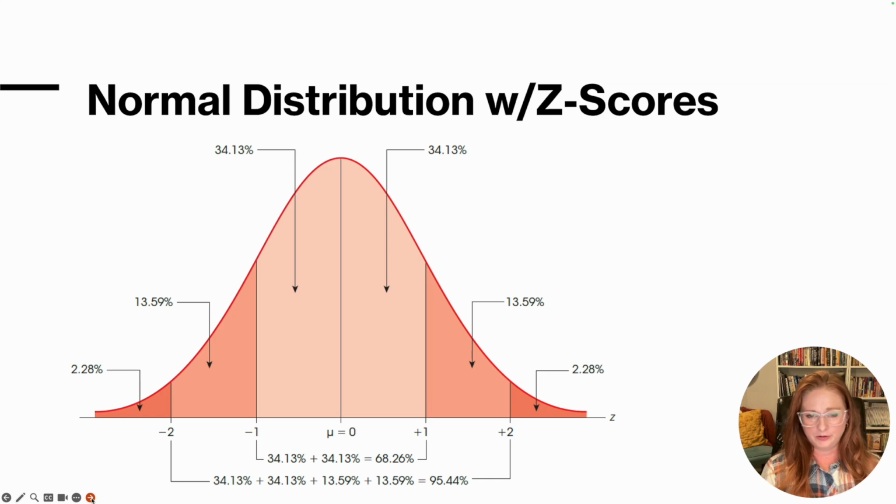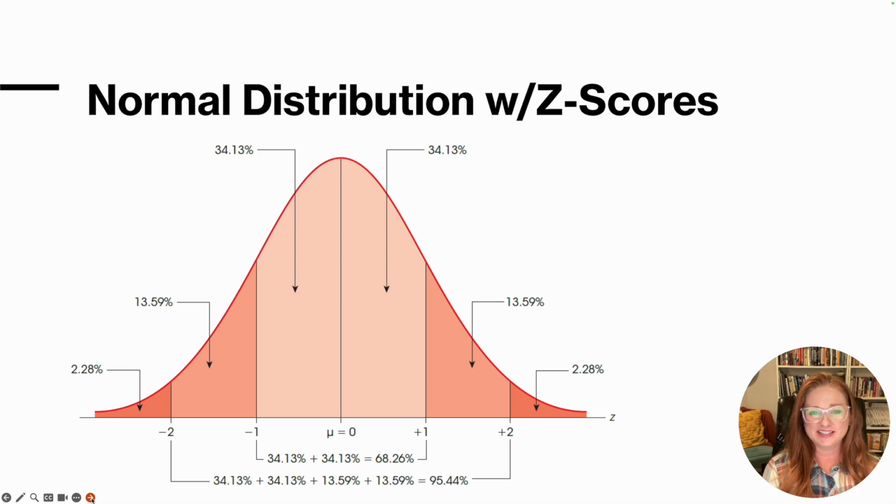Also, 34.13% of humans have an IQ score of 100 to 115. You can add them together too. If you add them together, 68.26% of us, of all the humans in the world right now, have an IQ score falling somewhere between 85 and 115. Isn't that wild? That's most of us. In fact, 68% of us, that's the big bulk of us, right?